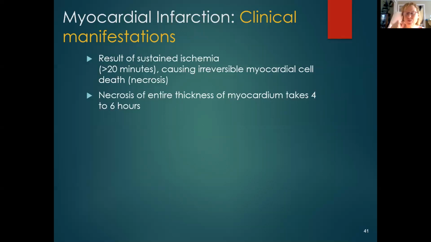When we see that ischemia, we want to respond really quickly, because within 20 minutes of the beginning of that ischemia, we can cause irreversible myocardial cell death. And remember, what that ischemia represents is a lack of oxygen to that part of the heart, and the lack of oxygen occurs because of the lack of blood flow and the inability of the oxygen to cross through those membranes.